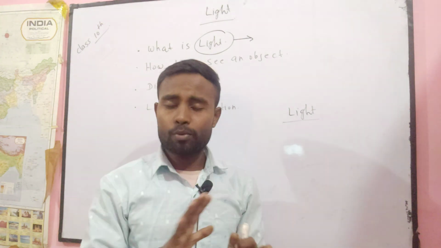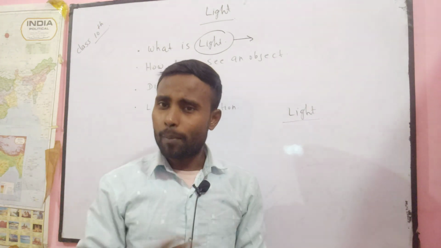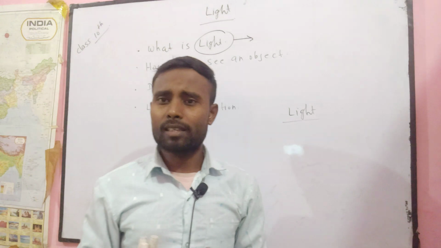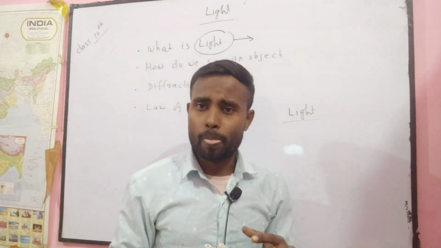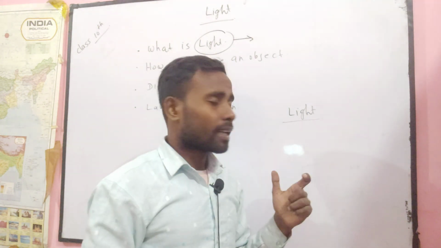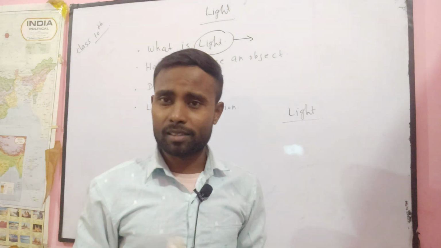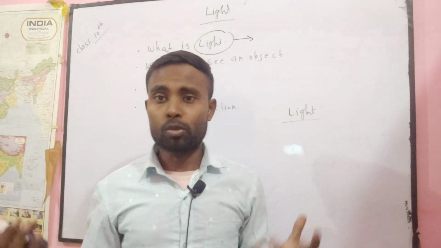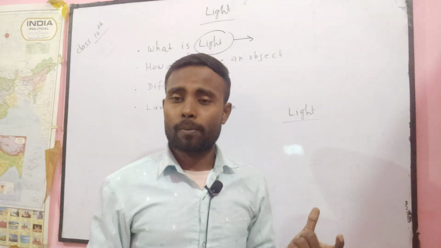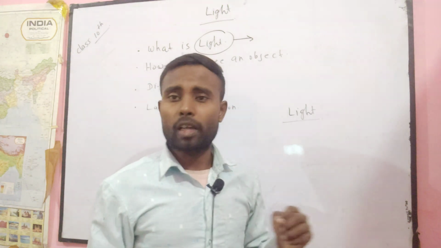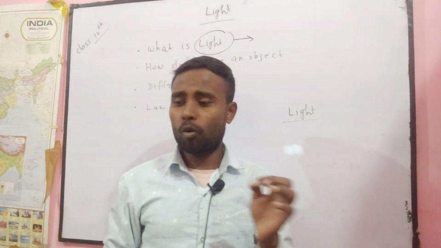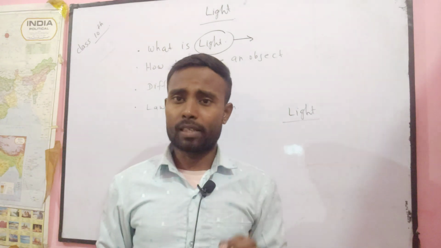So overall, if you define light, you can simply say that it is a factor, or a quantity, that helps us to see an object. We see this beautiful world only because of light. If there is no light, you cannot see even one object, any commodity.